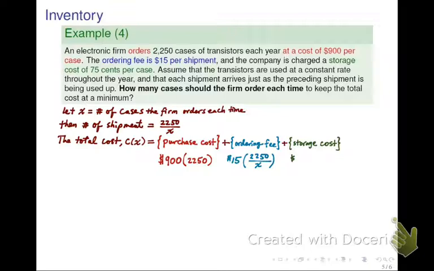And that is something that we derived in class before. But in case you're wondering about that, I'm going to explain how to get that x over 2 on the next page, after we finish this problem. So the storage cost is simply $0.75 times x over 2. If you do the math on these multiplications, we get the following equation.